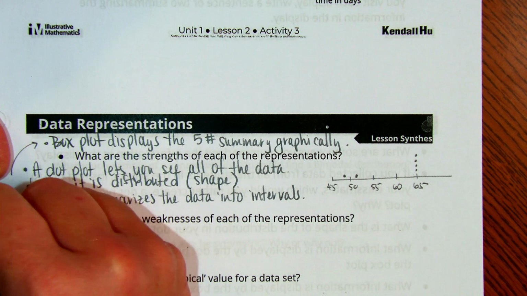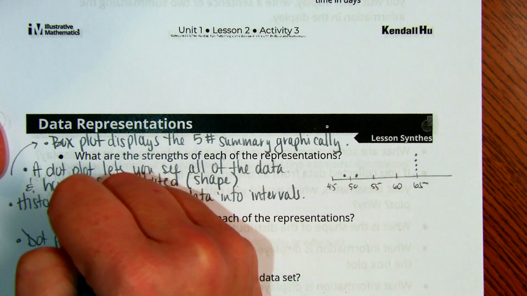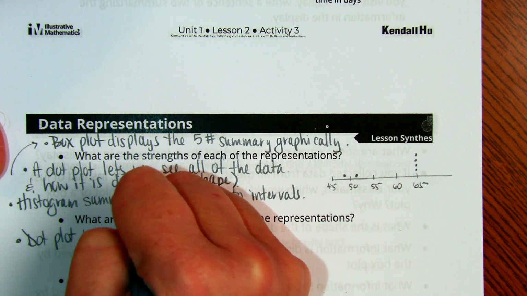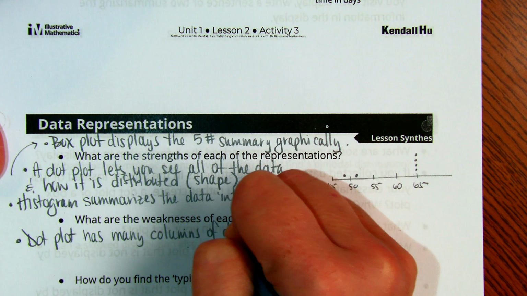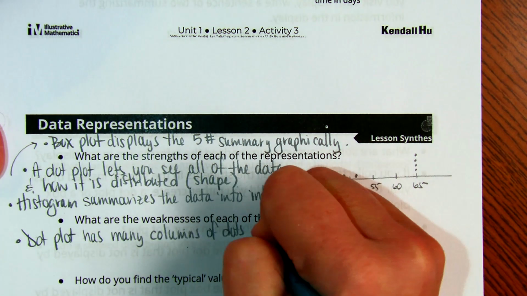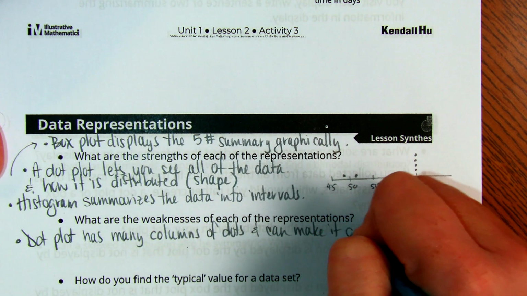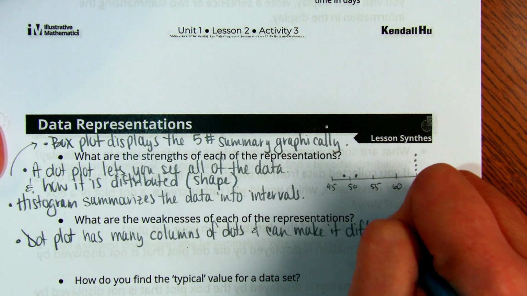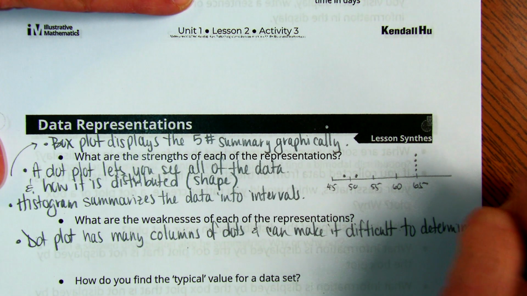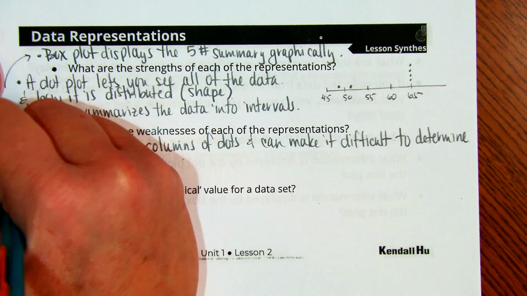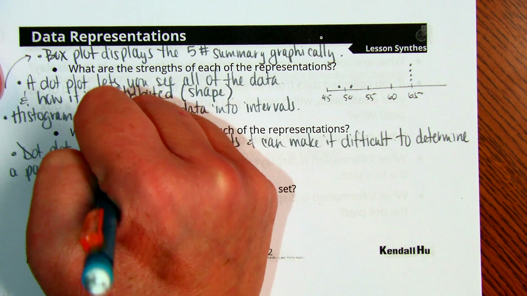So a dot plot has many columns of dots. And can make it difficult to determine a pattern, in parentheses a shape.